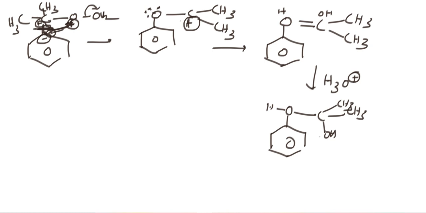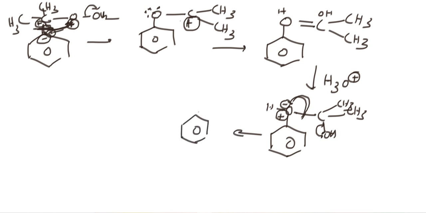Next, this lone pair is shifted like this. This bond is shifted like this. That means this bond is going to break. Here oxygen already has how many bonds? 3 bonds. Whenever the bond shifts like this, oxygen negative and positive makes neutral.